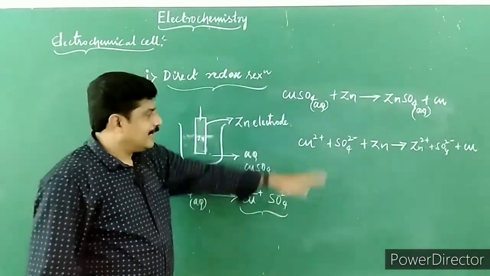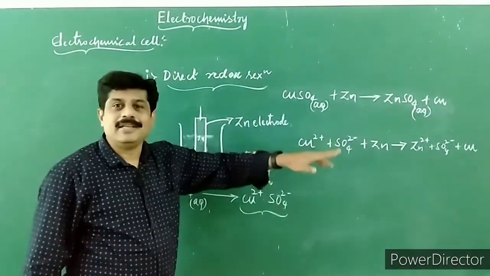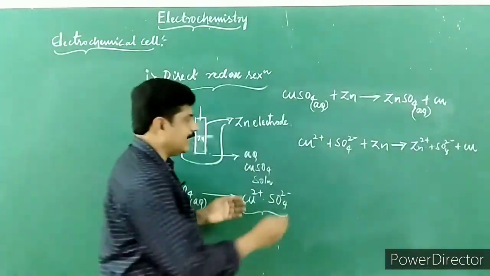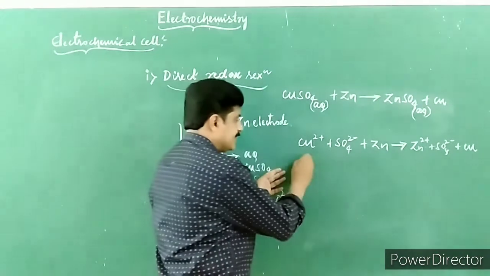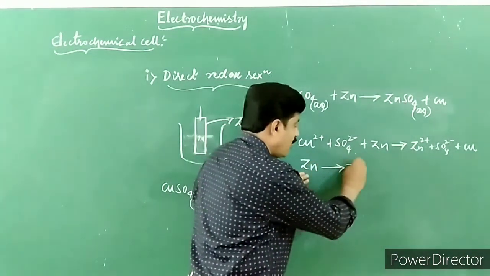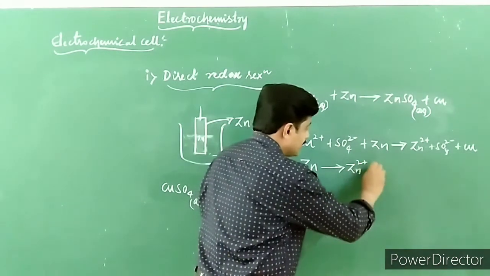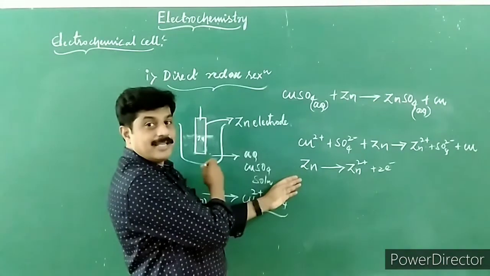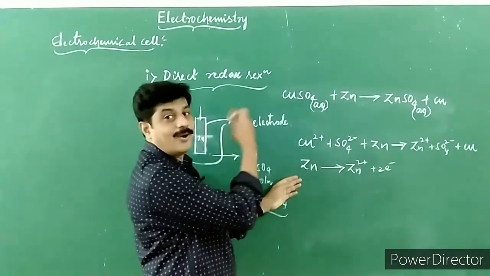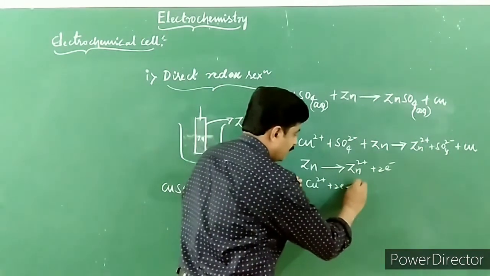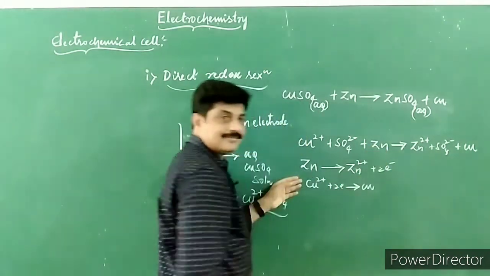Children, this reaction can be written as two half reactions. Let me write, look here. In the first case, Zn loses 2 electrons to form Zn2+ ions. Similarly, the copper 2+ ions present in the solution undergo reduction by gaining 2 electrons to form copper.